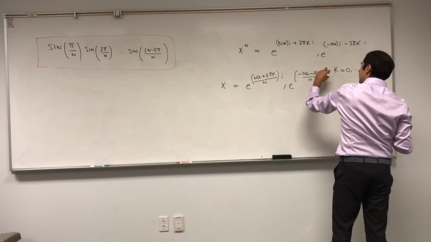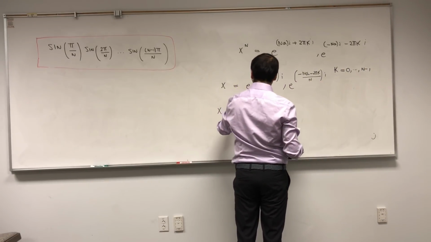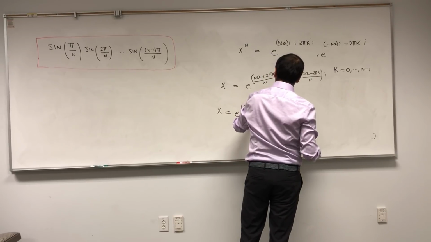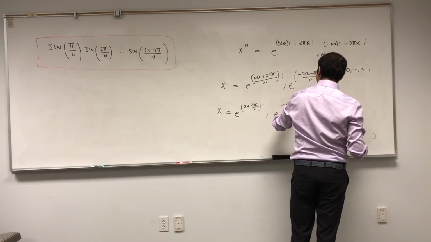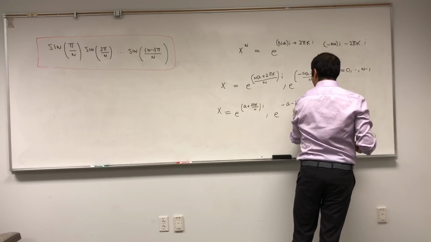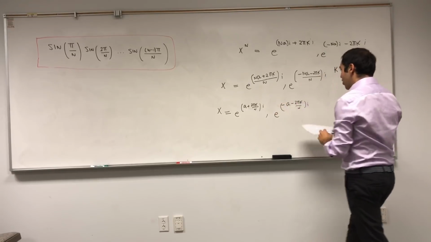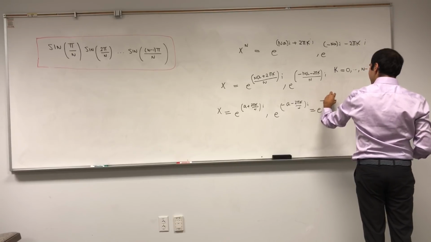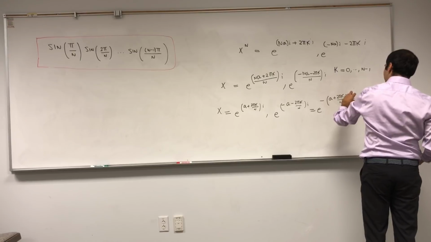And therefore we get that x equals e to the i times a plus 2 pi k over n, and e to the minus i times a minus 2 pi k over n. And notice you can conveniently write the latter term as e to the minus i times a plus 2 pi k over n.